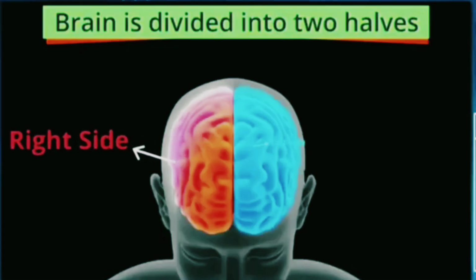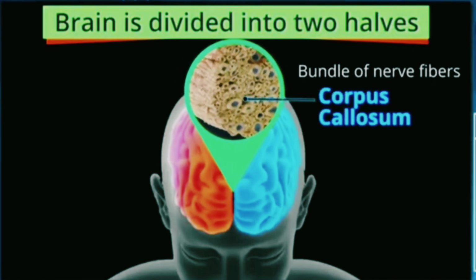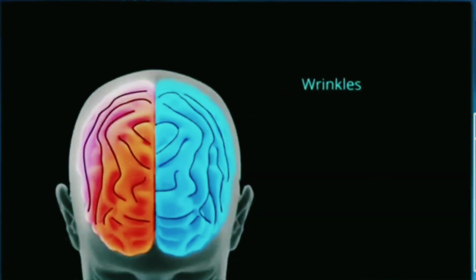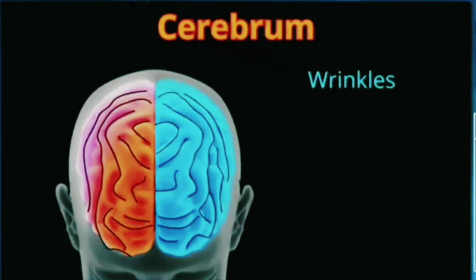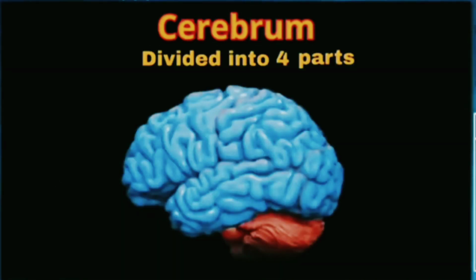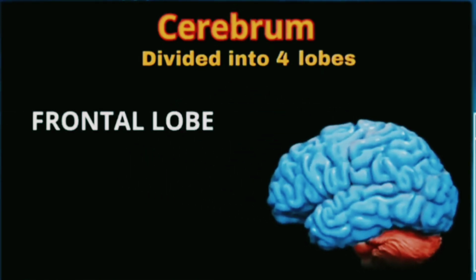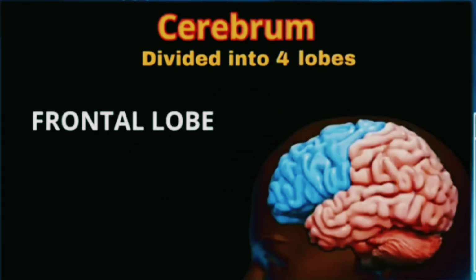the right half and the left half, and both these halves are connected to each other by a bundle of nerve fibers called the corpus callosum. Our brain has wrinkles on its exterior surface, and this wrinkly part is called as the cerebrum, which makes up the major portion of our brain. We notice that the cerebrum is actually divided into 4 parts or 4 lobes, we can say. The first one is called the frontal lobe. Now just by the name, can you guess which one of these can be called the frontal lobe?